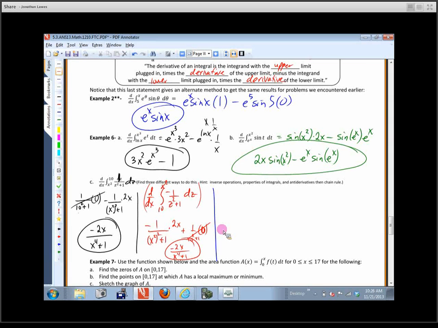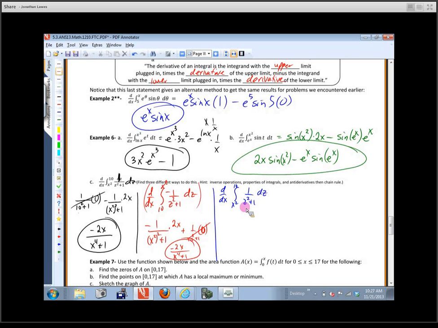Okay, everybody good with that? Okay, let's do it one more way, and let's show that this actually matches up. Let's find the antiderivative. So let's look at this right here, and this is what we're after. We're after the derivative with respect to x of the definite integral from x squared to 10, and I'm going to write it this way, 1 over z squared plus 1 dz. So I've got to find an antiderivative for this. Does that look familiar to anybody?